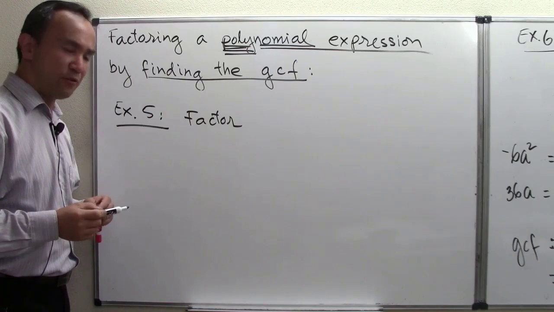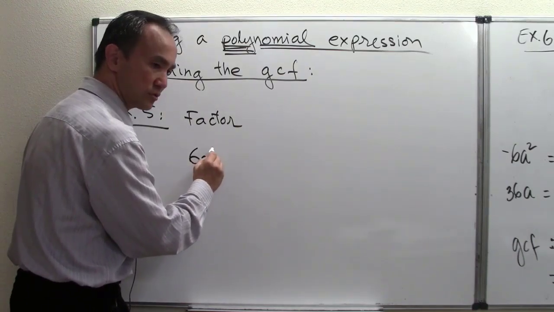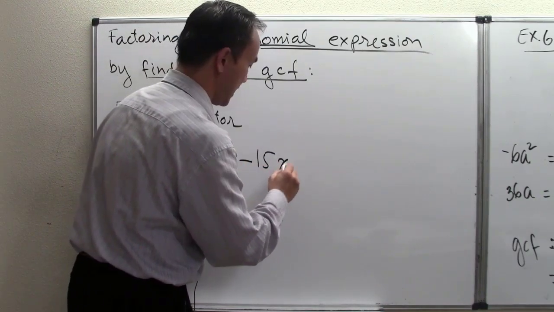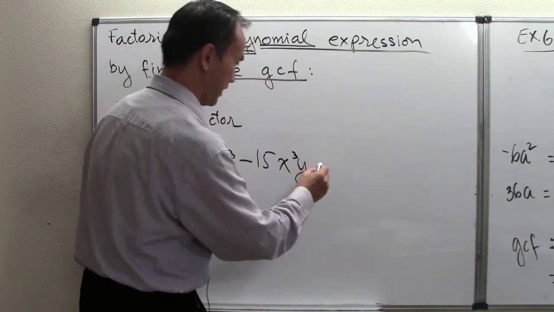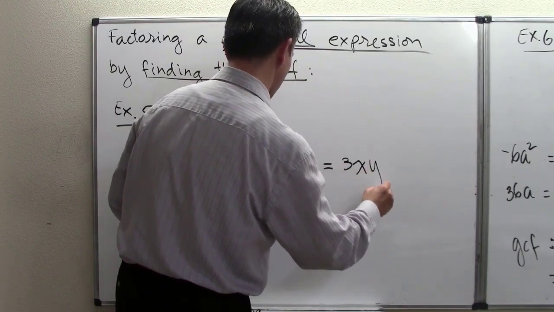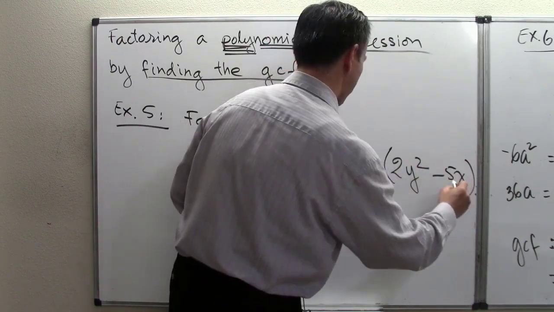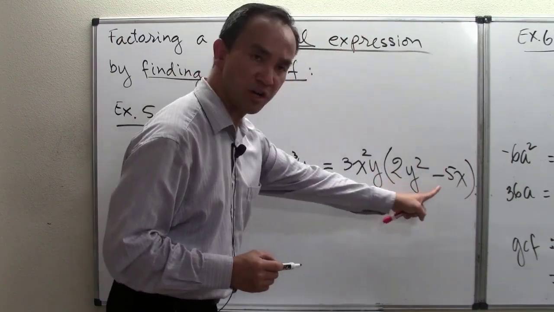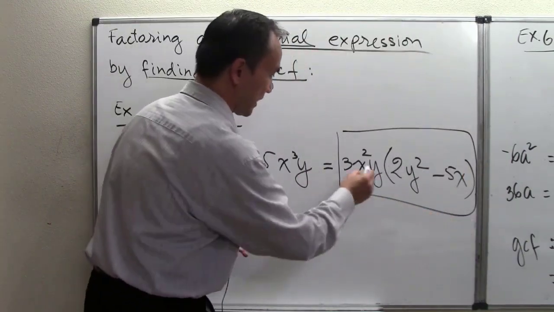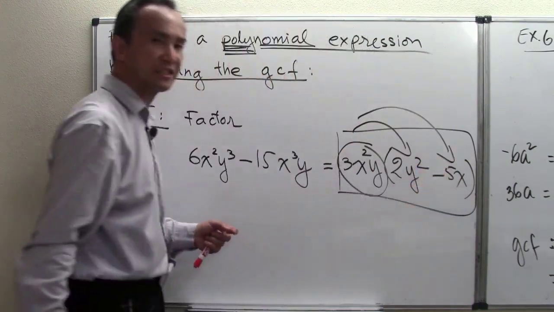So the same way in example 5, we were factoring 6x squared y cubed minus 15x cubed y. And the factor product came out being 3x squared y in parentheses 2y squared minus 5x. So how do we know if we have arrived at the correct answer? Once again, the GCF is here. Just simply multiply that to each term in our parentheses.